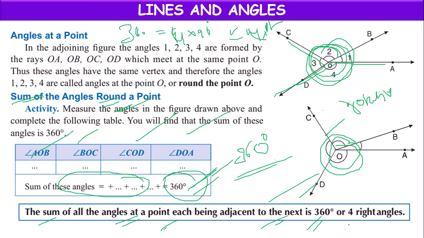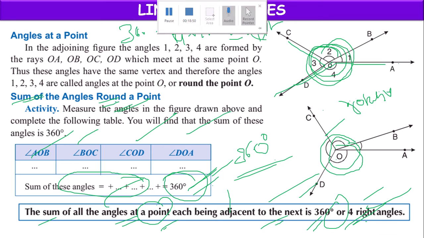So 4 right angles. The sum of angles at a point which are adjacent to one another is equal to 360 degrees, or equal to 4 right angles.